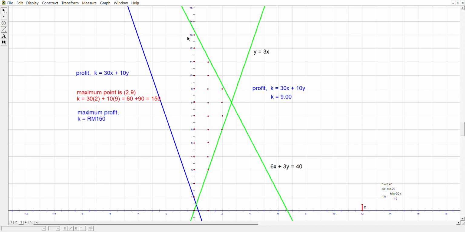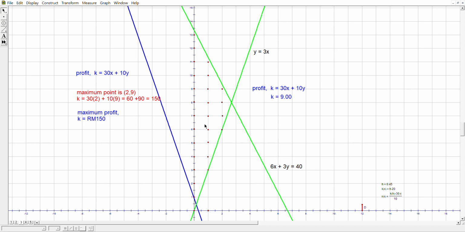Let's say for example, the point here. These points satisfy the two green line inequalities, and each point here represents a combination of chairs and tables.